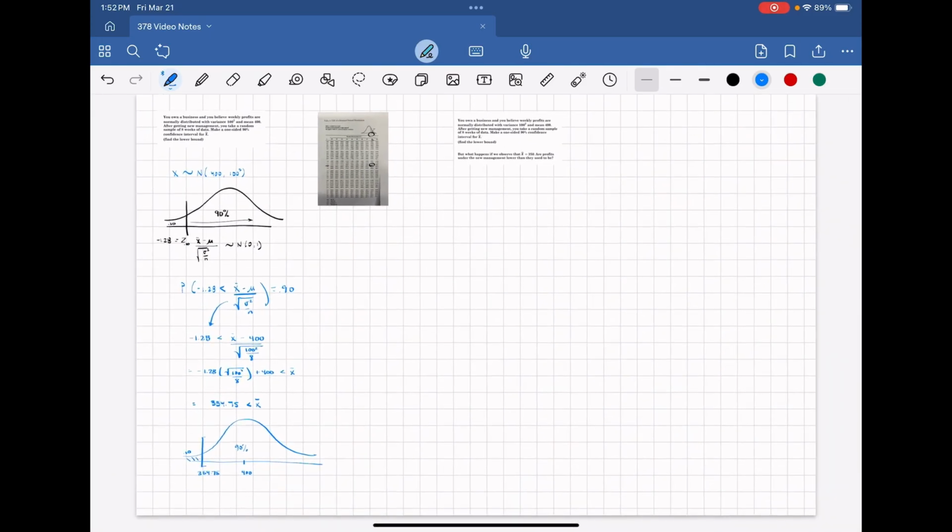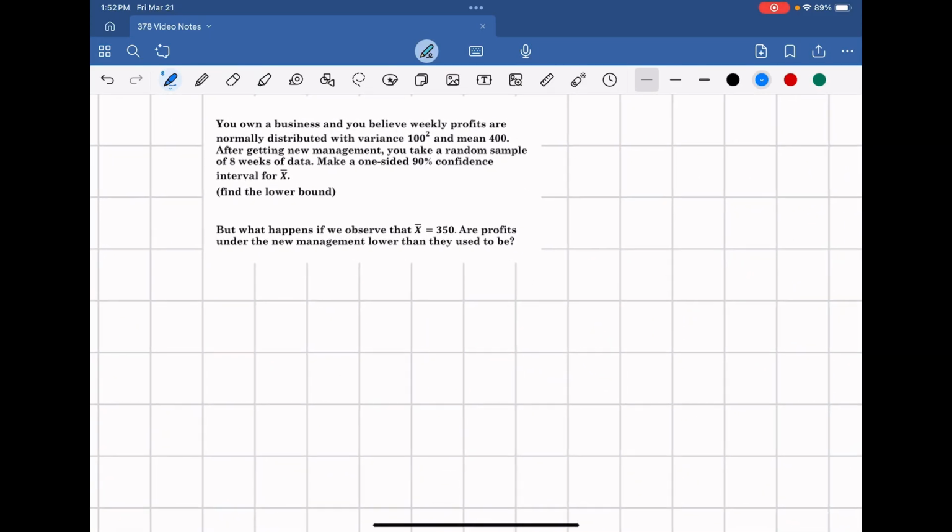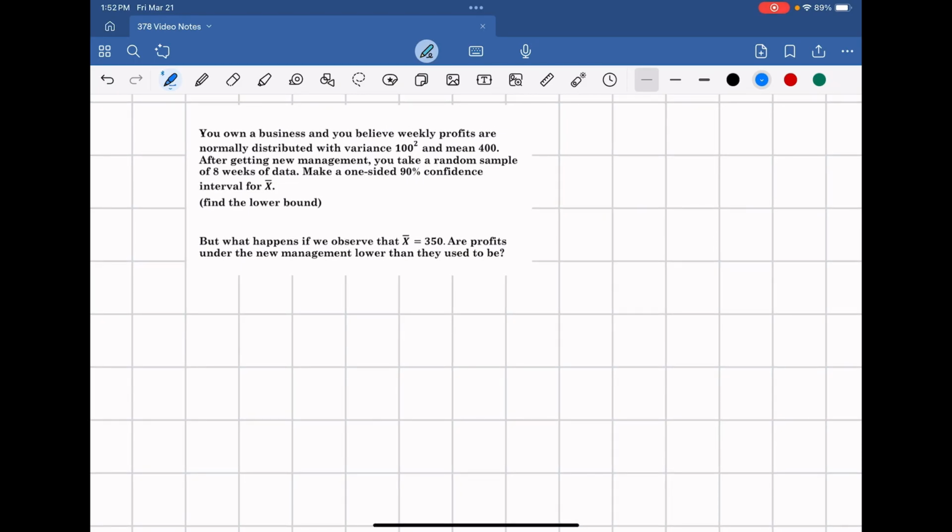Now we have that example. Now let's add one small piece to this. Same setup, but now the question is, what happens if we observe that X bar is equal to 350? Are profits under the new management lower than they used to be?